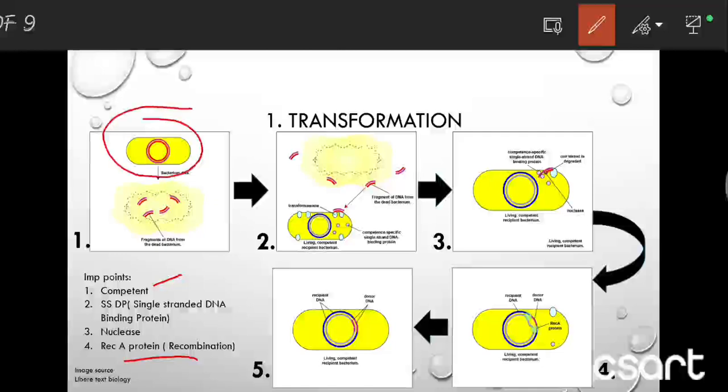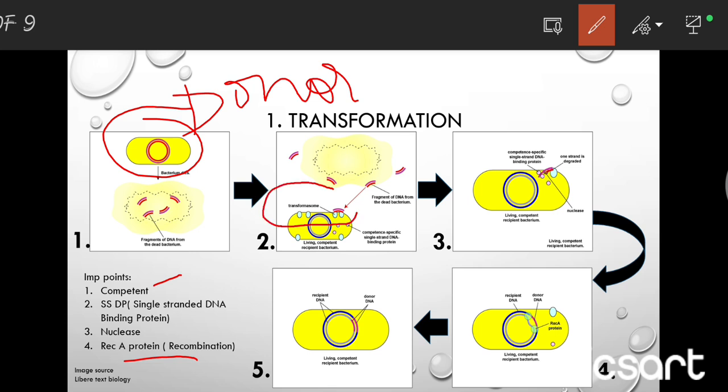Whenever it has to replicate with another bacterium, it dies. The first bacterium, the donor bacterium, dies. Then after its death, fragments of DNA from the dead bacterium are generated. That means after the death of the donor bacterium, the DNA gets degraded. Then, these fragments of DNA from the dead bacterium will attach to the transformosomes present in the recipient bacterium cells.